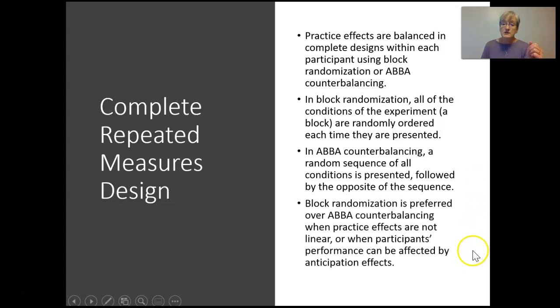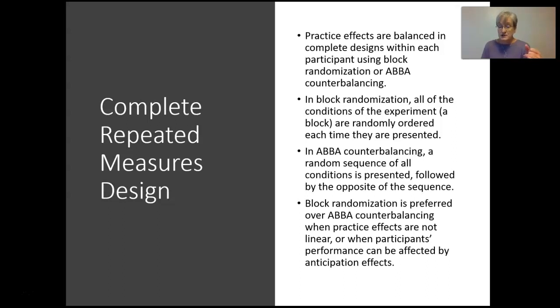Block randomization is often preferred over straight ABA counterbalancing because practice effects are not necessarily linear. So if you're comparing study techniques, for example, or study methods, it may be that the passage of time doesn't have a linear effect.